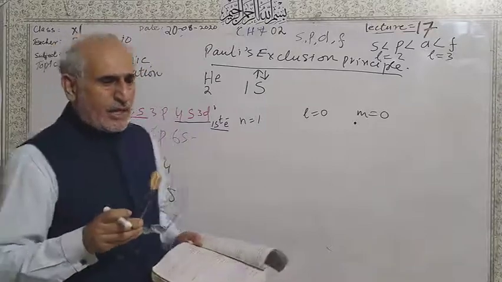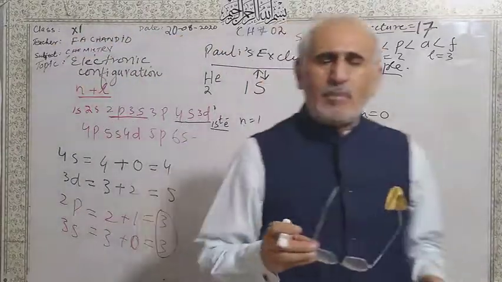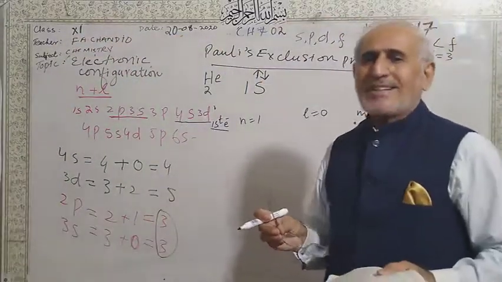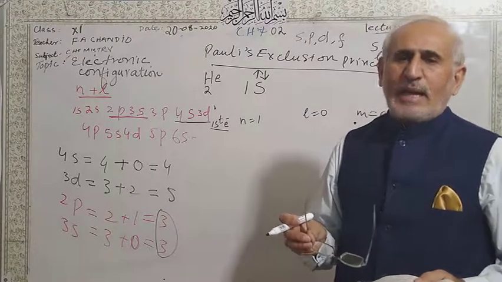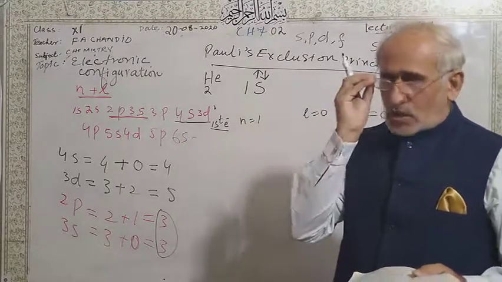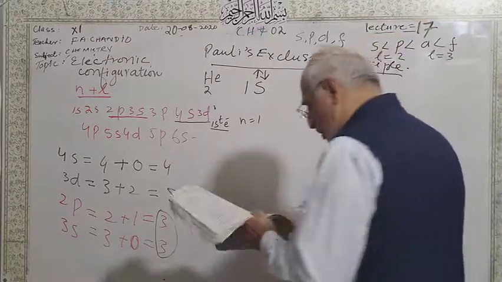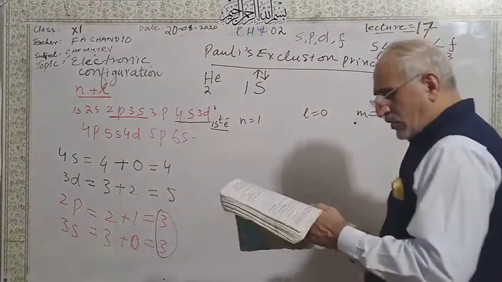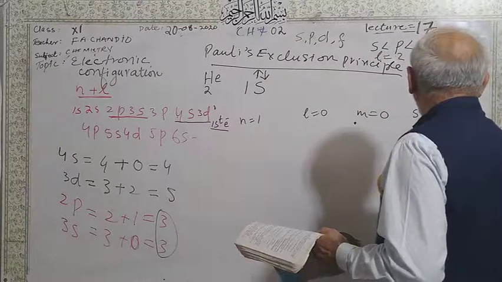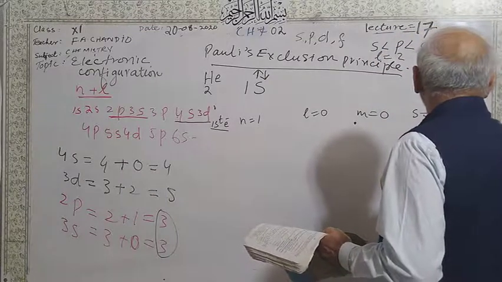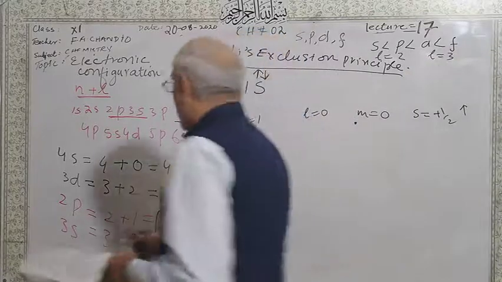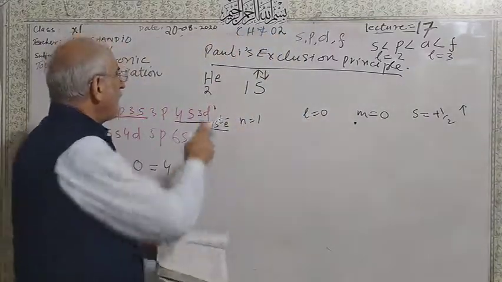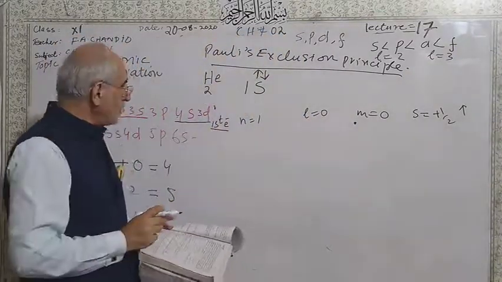When n is equal to 1, then l must be 0. This is called the s sub-energy level, and m must be 0 because there is no degeneracy for s. So students, s has 1 electron, so the spin will be positive half, spin upward.